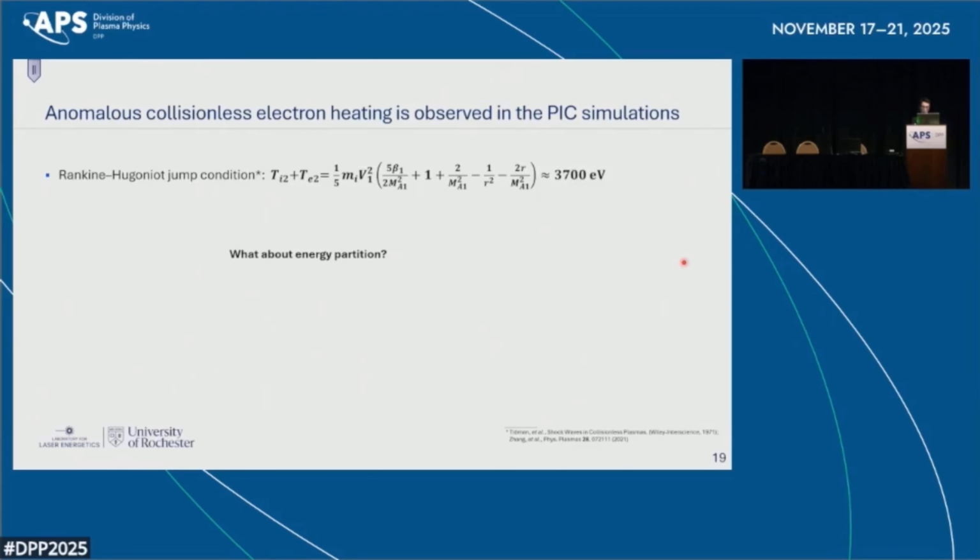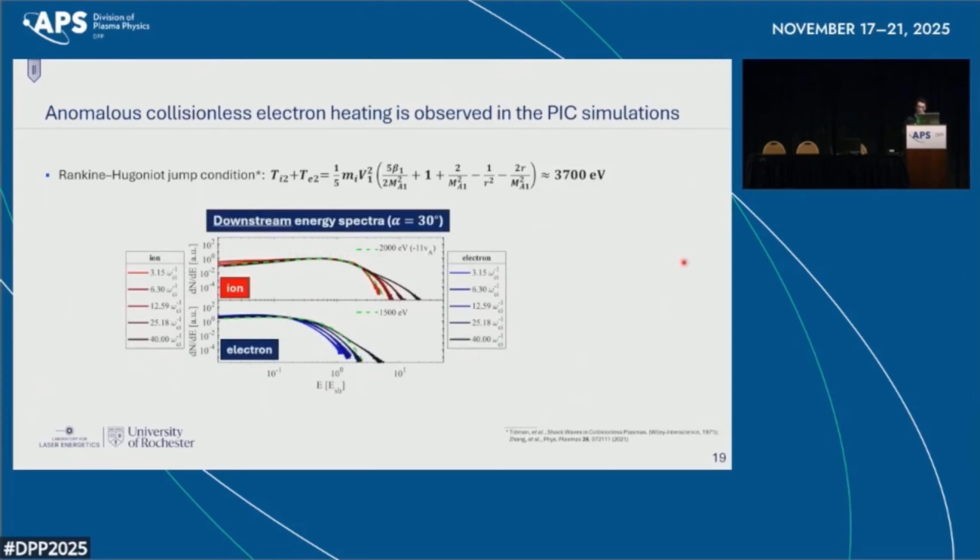What is the energy ratio between ions and electrons? This is where simulation kicks in. From the energy spectra in the downstream, the ion temperature at the end of the simulation is about 2,000 eV. The electron temperature is about 1,500 eV. So we have a temperature ratio Te over Ti of about 3/4.